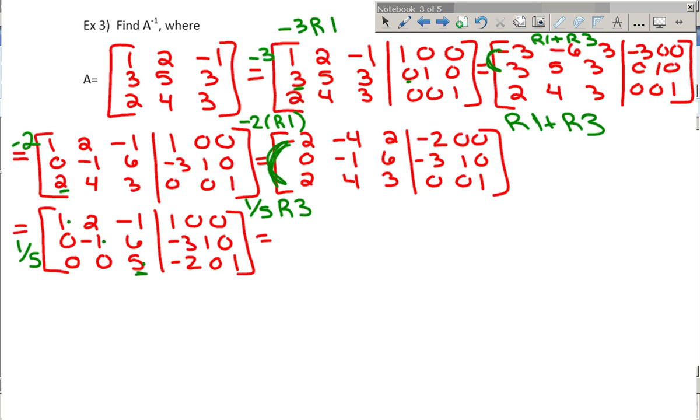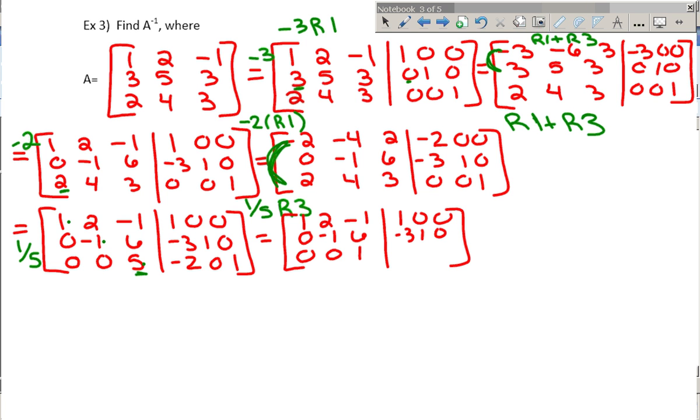Row 1 doesn't change, row 2 doesn't change, and row 3 becomes 0, 0, 1, negative 2 fifths, 0, 1 fifth. So we're getting closer here.